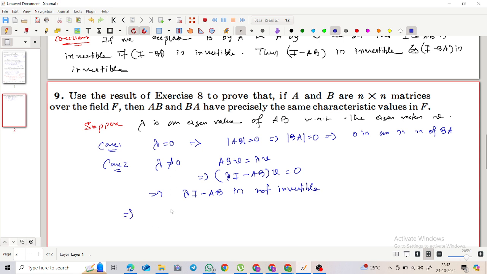But by that we mean, take lambda common, write I minus 1 by lambda AB is not invertible.